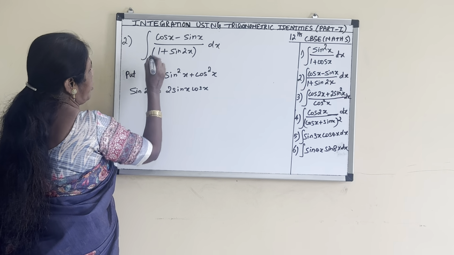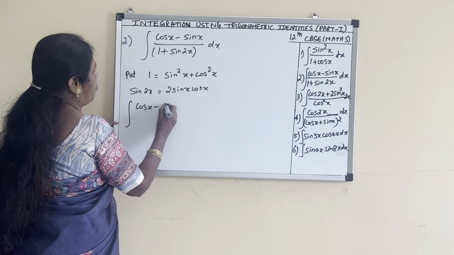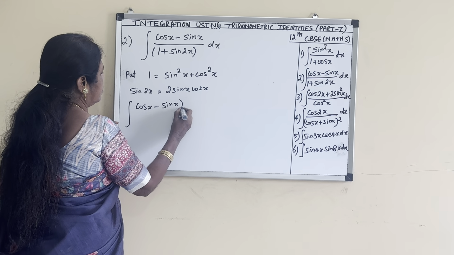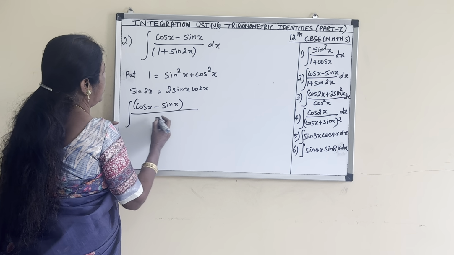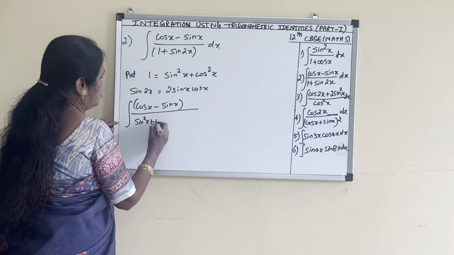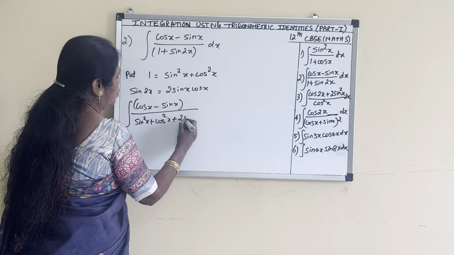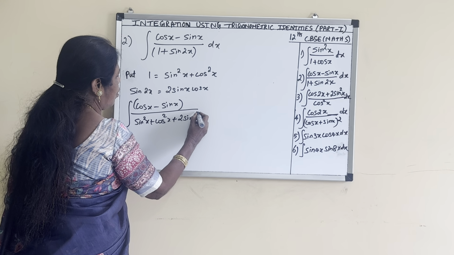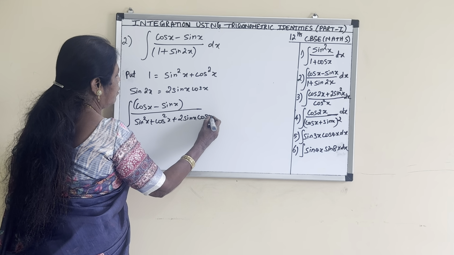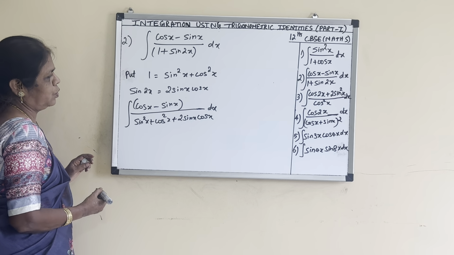So if I substitute in that, that is cos x minus sin x divided by, in the place of 1, sin squared x plus cos squared x plus 2 sin x cos x into dx.